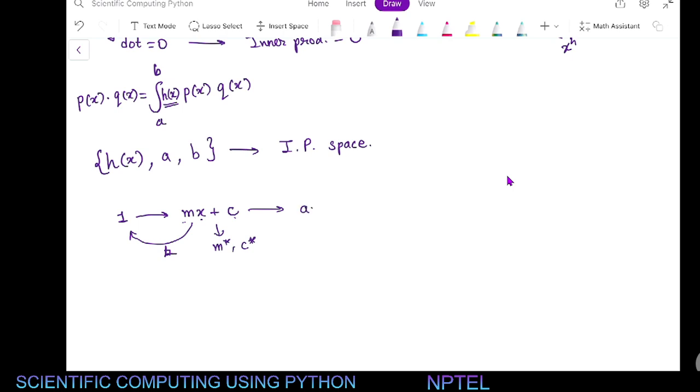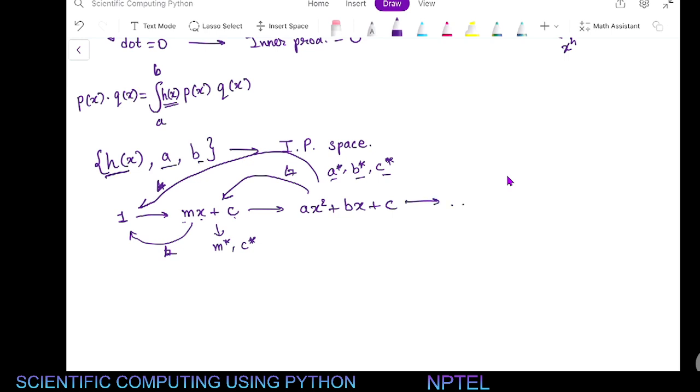Then you ask for a quadratic function that is perpendicular to both of these, and that generates a star, b star, and c star. These numbers will depend on your h, a, and b, of course. And this way you can continue and construct a space of orthogonal polynomials.